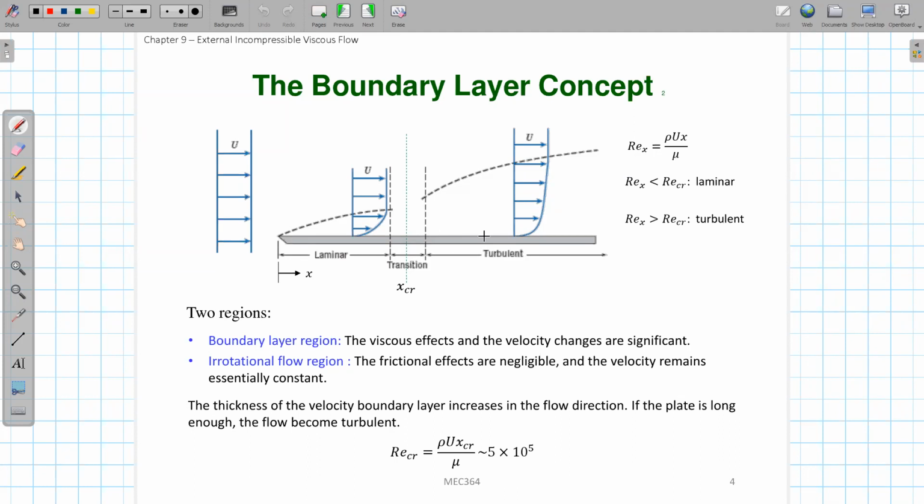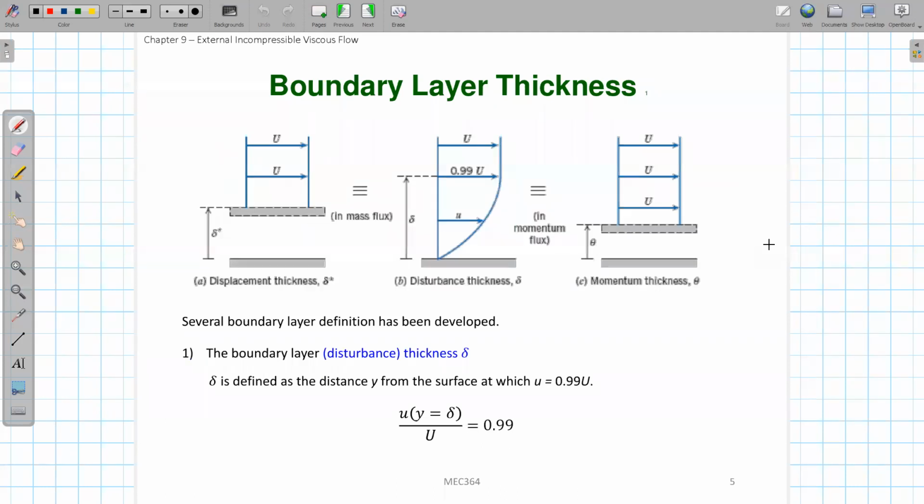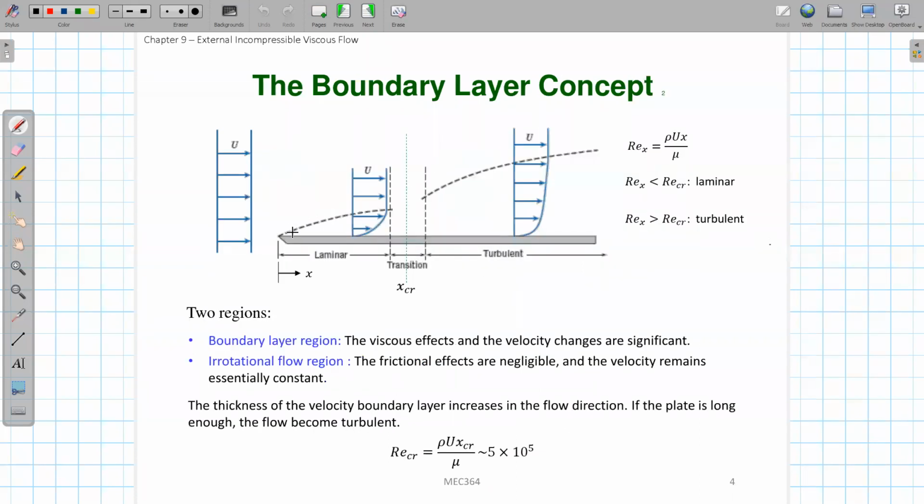After introducing the concept of the boundary layer, we also introduced another concept at the end of the last class, called the boundary layer thickness. We want to know where this dashed line will be, to separate the flow between the boundary layer region and the free stream region. The y coordinate for the points on this dashed line we call the boundary layer thickness.